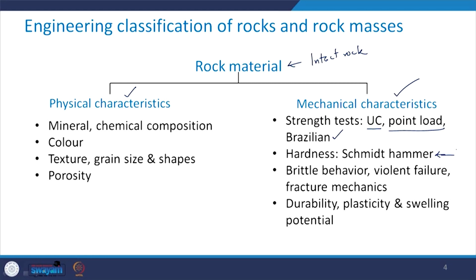Then we saw that it can behave as a brittle material or as a ductile material. If it is acting as a brittle material, its failure is going to be violent, and there fracture mechanics will come into picture. If it has ductile kind of behavior, then plasticity will come into picture. And obviously the swelling potential.